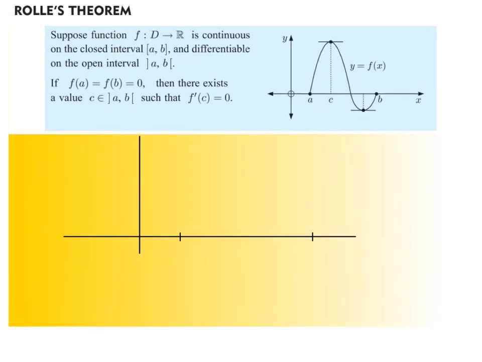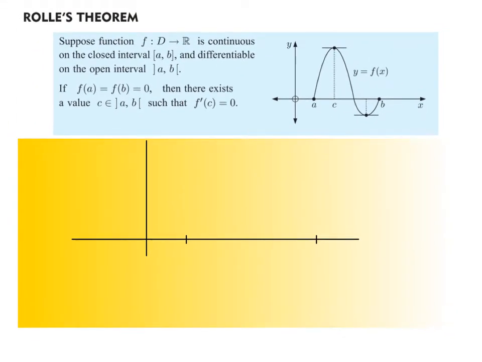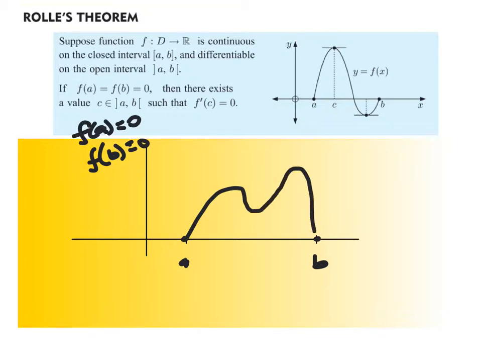Alright, Rolle's theorem. This is kind of round 2 on the intermediate value theorem, with the idea that you just have to have a little bit of common sense here. Here's what Rolle's theorem is telling us. If we have zeros at both A and B, so f of A equals 0 and f of B equals 0, and our function, regardless of what it looks like, is continuous and differentiable, then at least one point here, we know the derivative would equal 0.